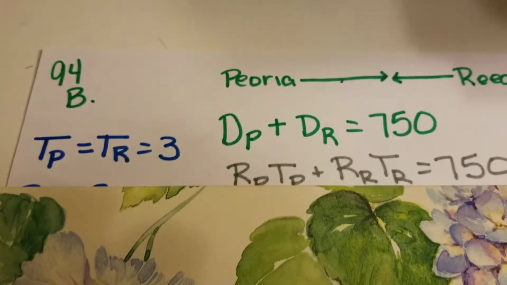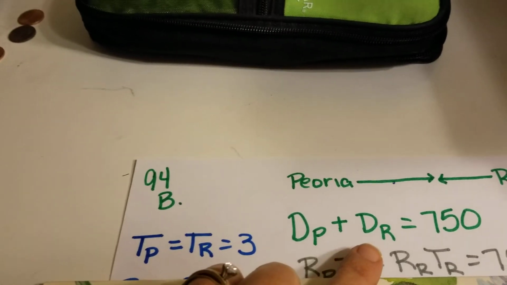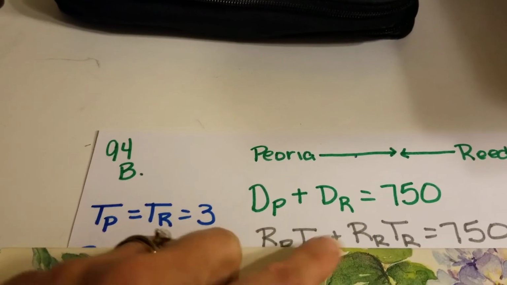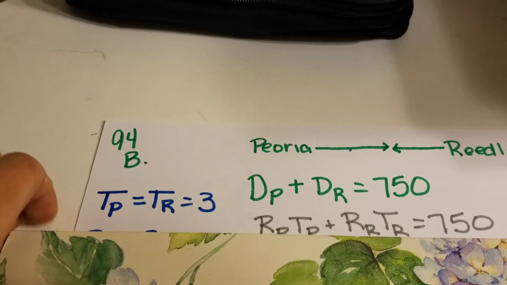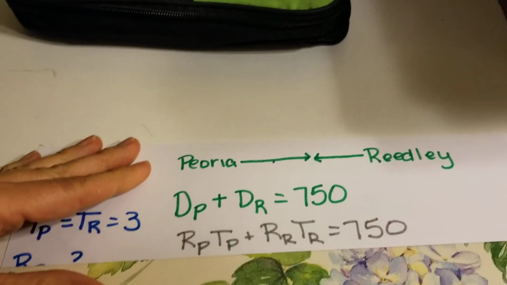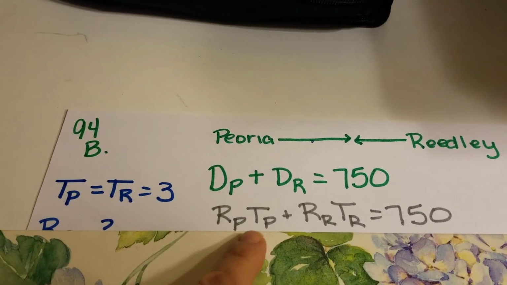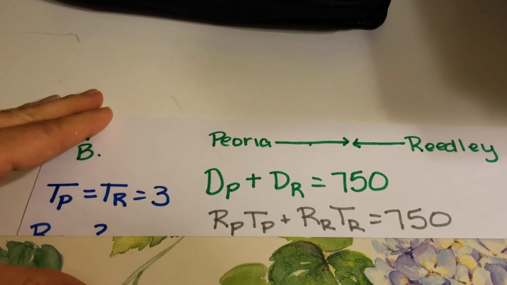So I've got the rate of Peoria, which is the first train, plus the rate of Reedley is 750. I know that my time for both trains is 3 hours. So I substitute: rate of Peoria times time of Peoria, plus rate of Reedley times time of Reedley, equals 750.